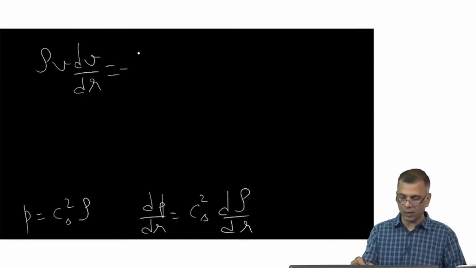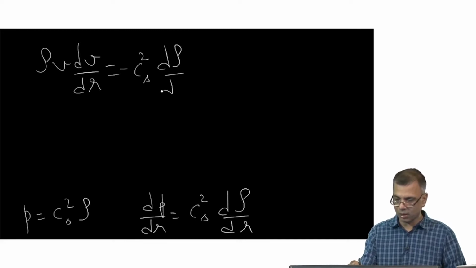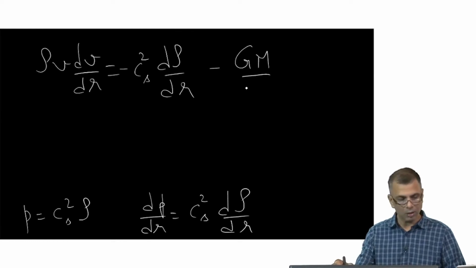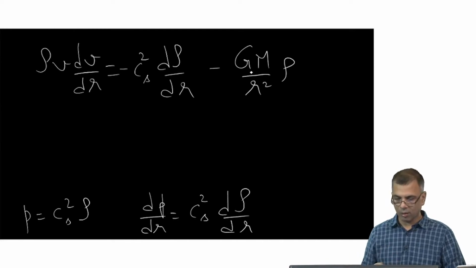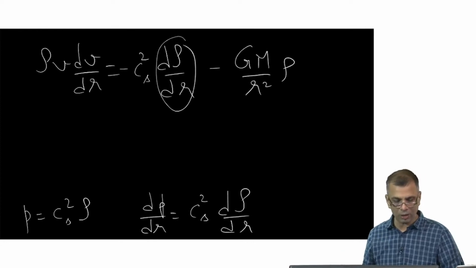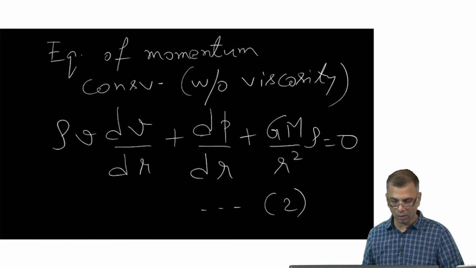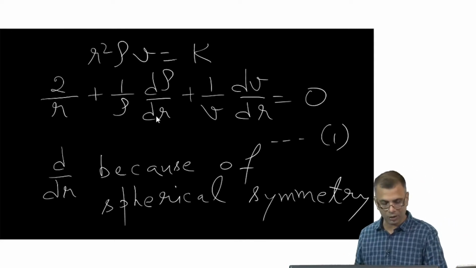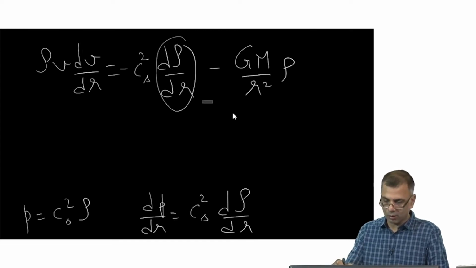So, I had a dp dr here, and instead of that I can write Cs squared d rho dr. Now I have this d rho dr, and I substitute for it from here. You see, I have an expression for d rho dr here. I substitute for d rho dr from the mass conservation equation into this equation.